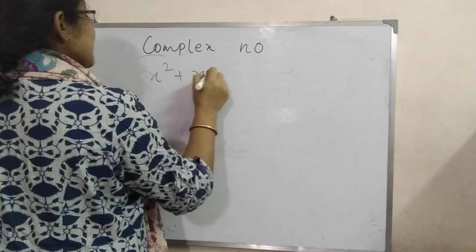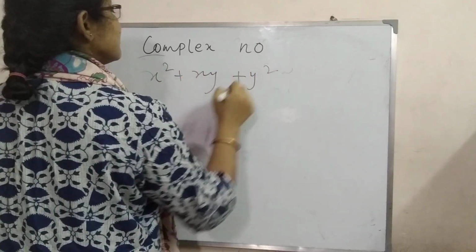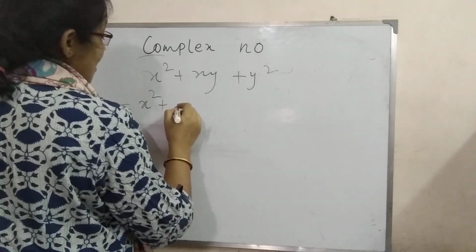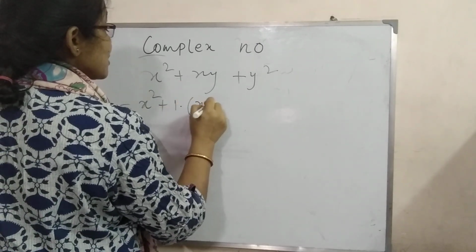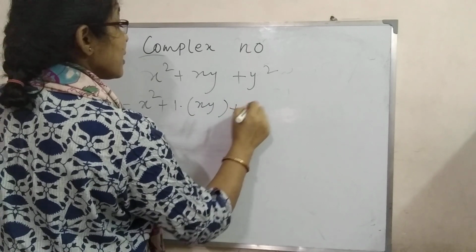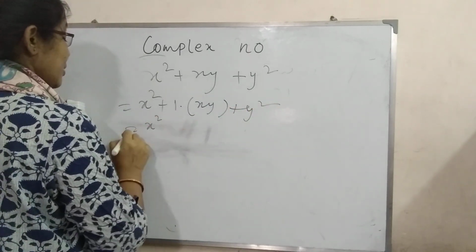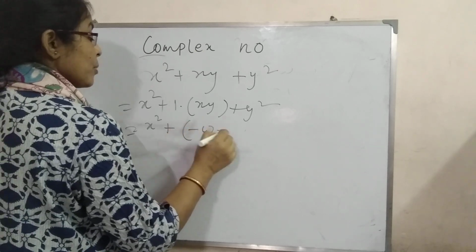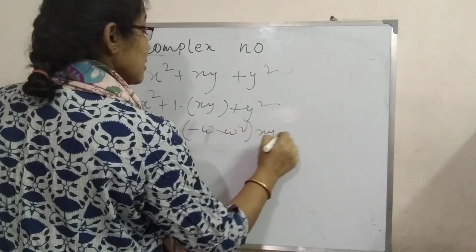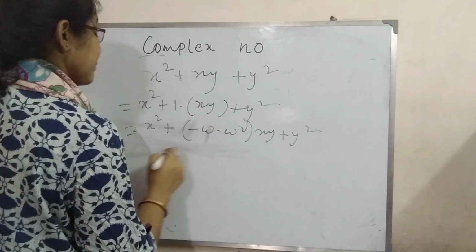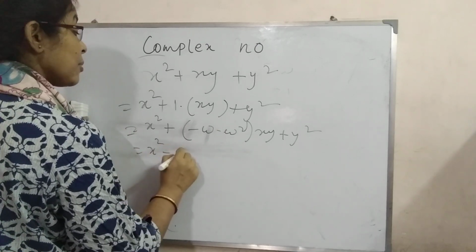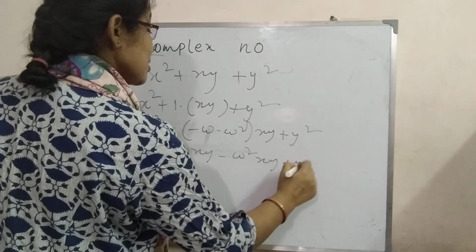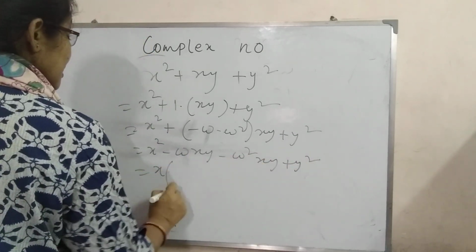If I factorize this, I will write it in this way: x square minus omega xy minus omega square xy plus y square.